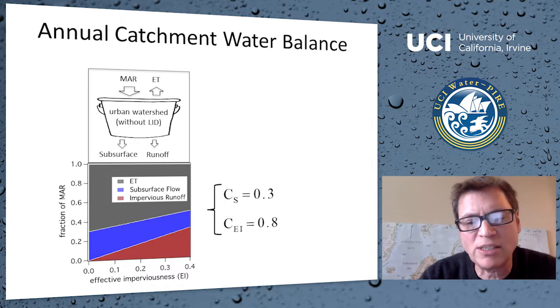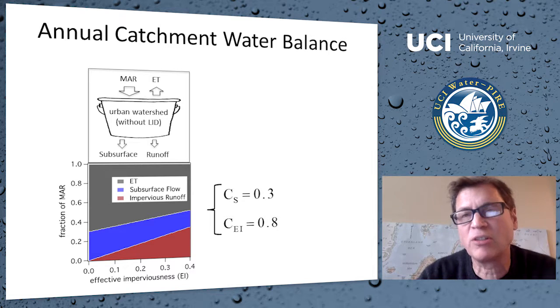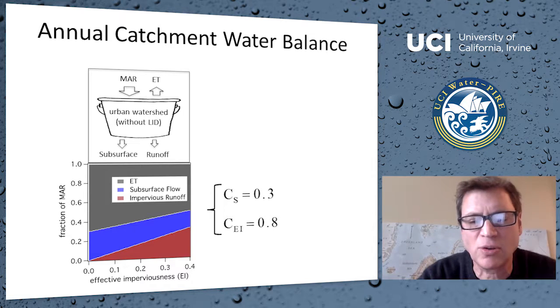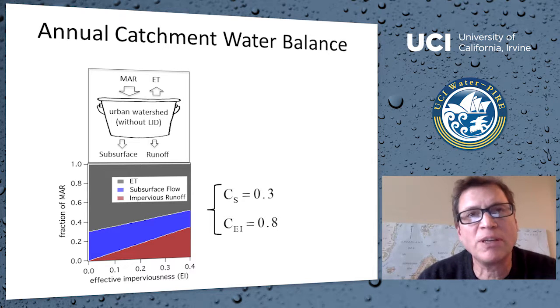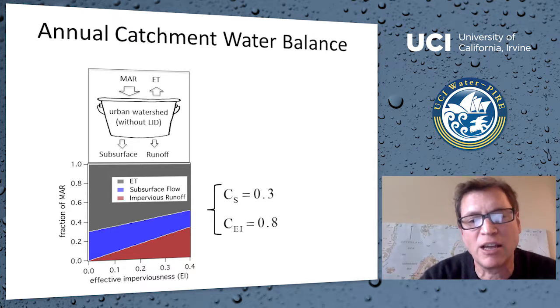And then as we increase effective imperviousness, and that's the horizontal axis there, so we're increasing the fraction of the urban landscape which is covered with connected imperviousness to streams, what's happening is that the subsurface flow is being reduced because we're laying down that impervious surface and infiltration is reduced.